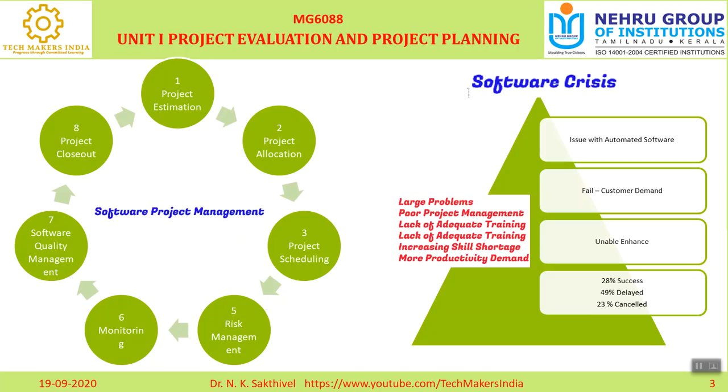Number one is, whenever software is developed, what are the issues of automated software? We developed a software and launched it, then during execution, what are the possible issues, and those issues we wanted to rectify.